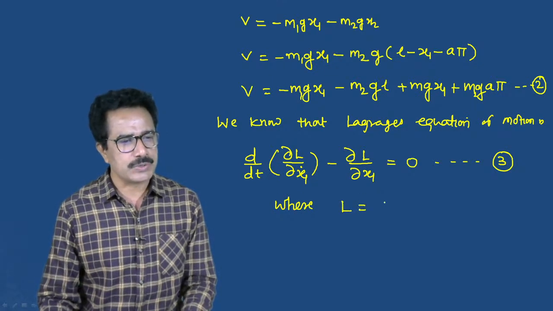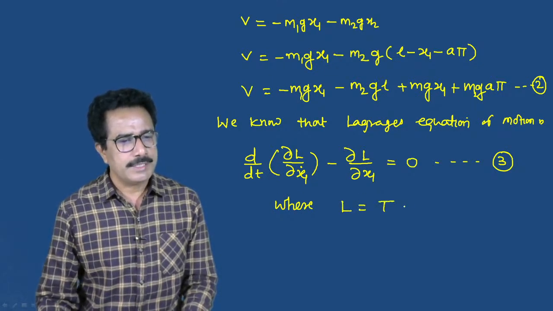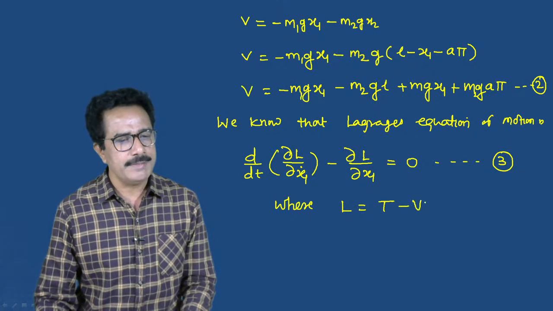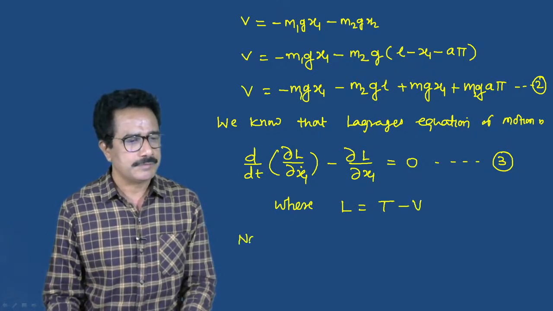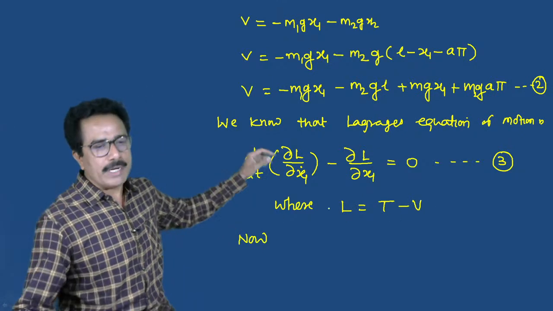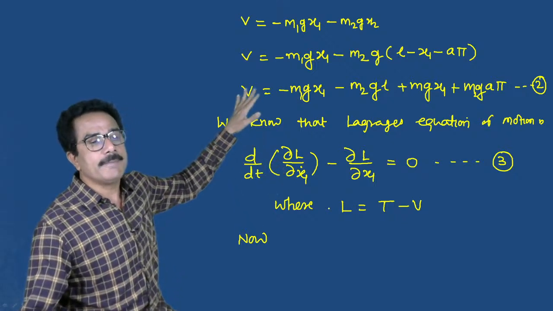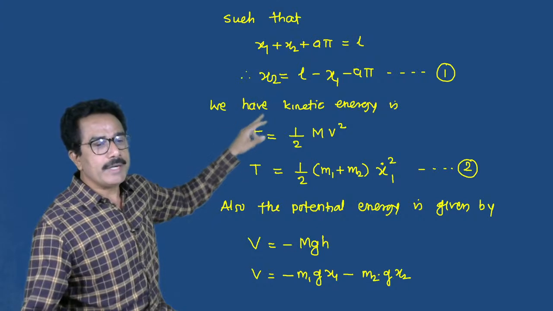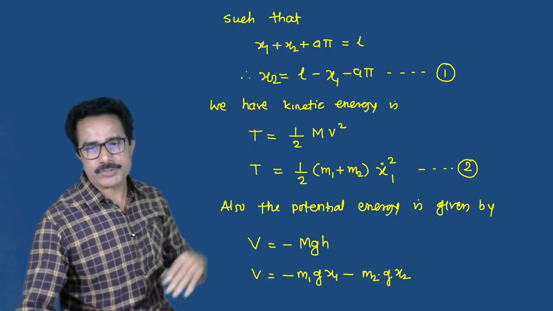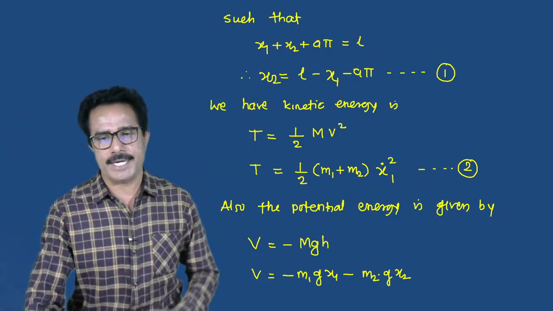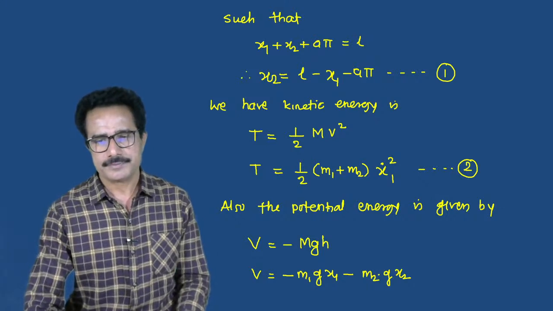Where L is equal to T minus V. Now we have to calculate dou L by dou x1 dot.